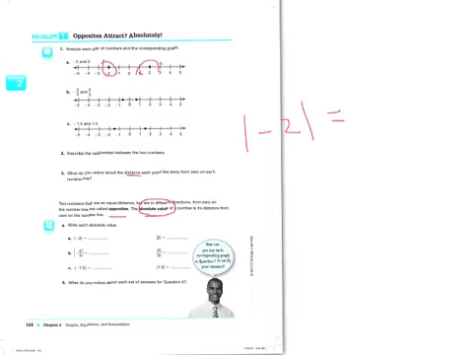Well, distance is never ever negative, and so the distance -2 is from 0 is 2. Now if I put in the absolute value of 2, what is its distance from 0? Well, its distance from 0 is also 2. And so the idea of absolute value is the distance it is away from 0.